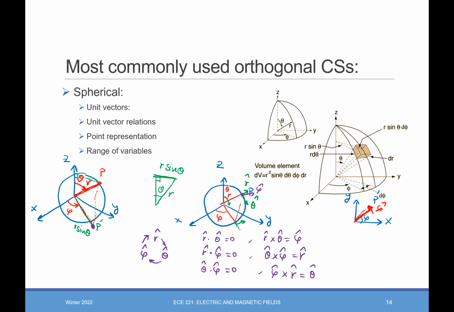But if I had the power, I would definitely not have you be this confused with the coordinate systems.